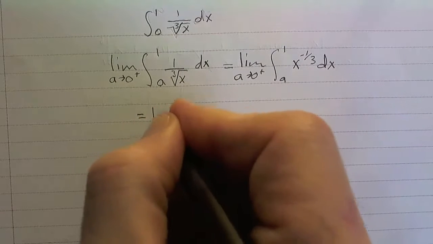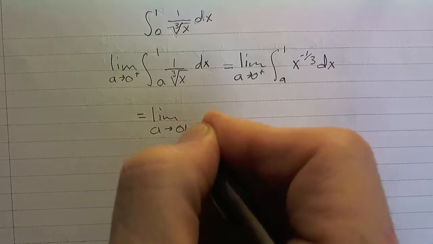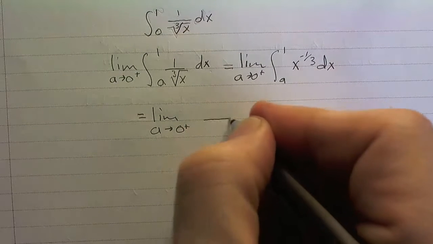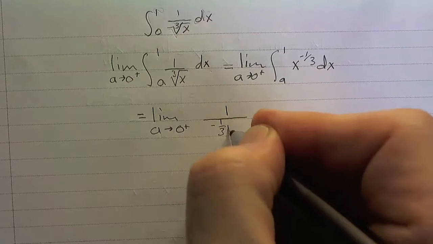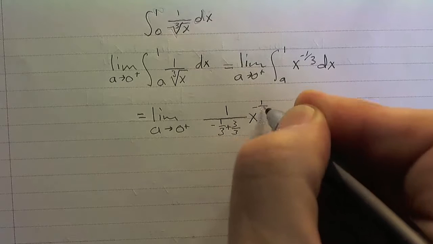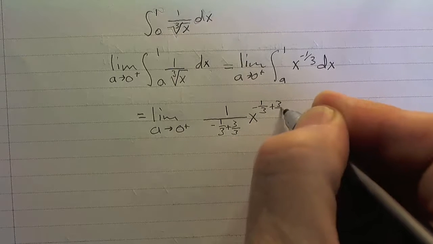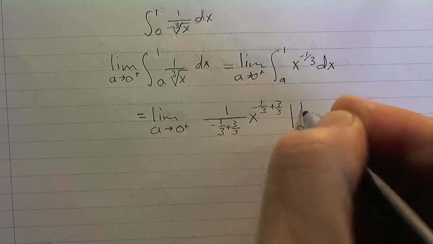We've got the limit as a goes to 0 from the right. And now I'm going to go ahead and do my antiderivative. I've got negative 1/3 plus 1, x to the negative 1/3 plus 1. And I'm going from a to 1.